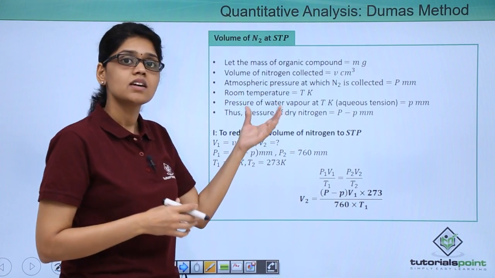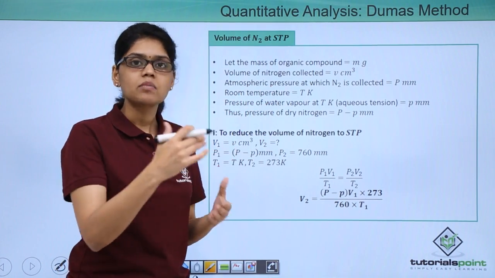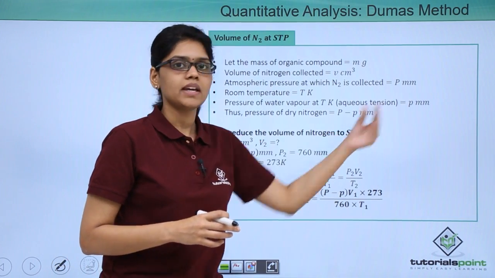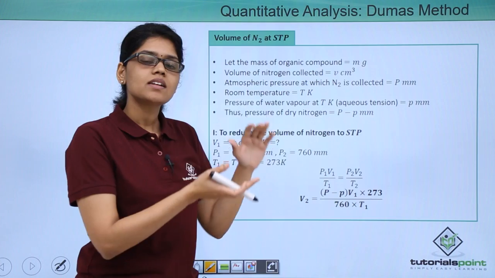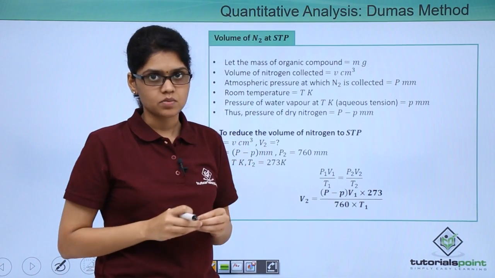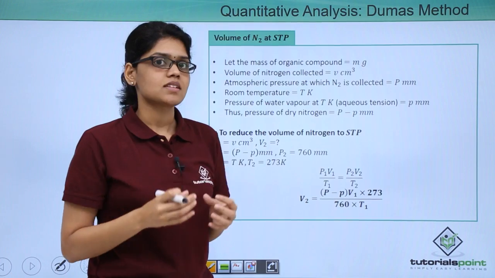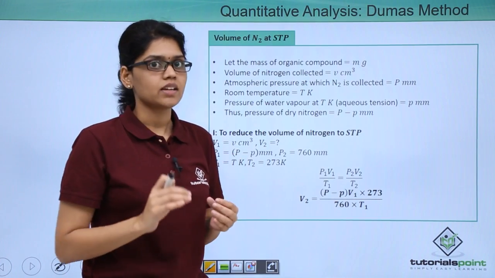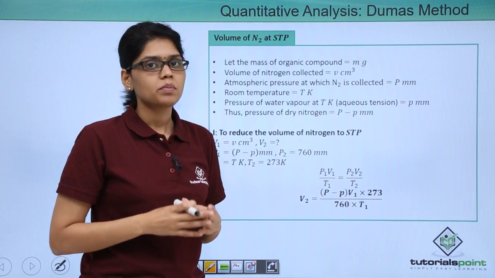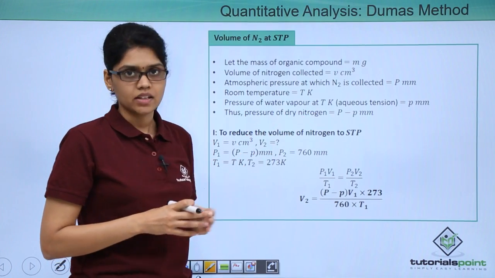The pressure of water vapor at that room temperature, or aqueous tension, would be small p mm. Since we have collected moist nitrogen, which has a mixture of water vapor as well, to get the actual pressure of the dry nitrogen we simply subtract P minus p mm.